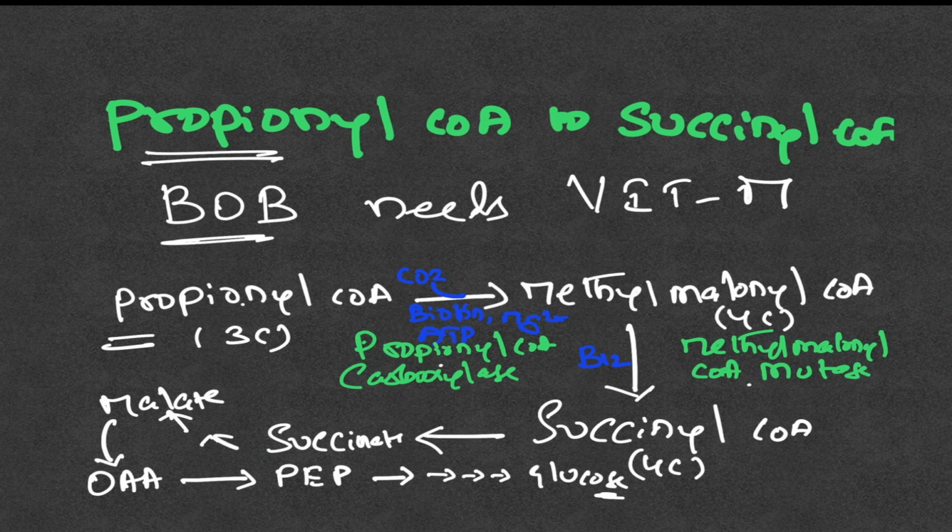For that we need the enzyme PEPCK, phosphoenol pyruvate carboxykinase, and after that we need fructose 1,6 bisphosphatase, and then glucose 6 phosphatase. These are the important enzymes needed for the conversion of propionyl CoA into glucose.